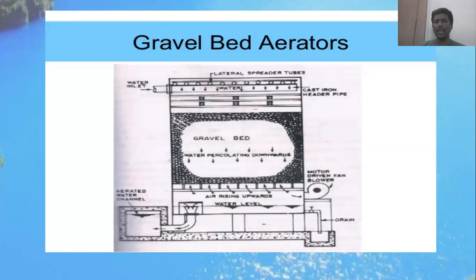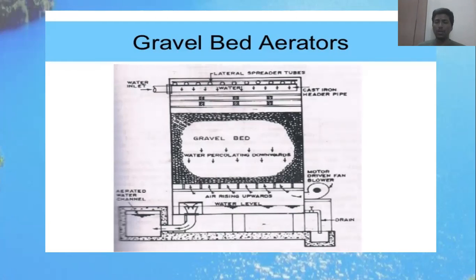The next important aspect is when a gravel bed is utilized. If you use charcoal along with gravel, we call it a dual bed media for aeration. The water penetrates between the pores or voids present between the gravels.